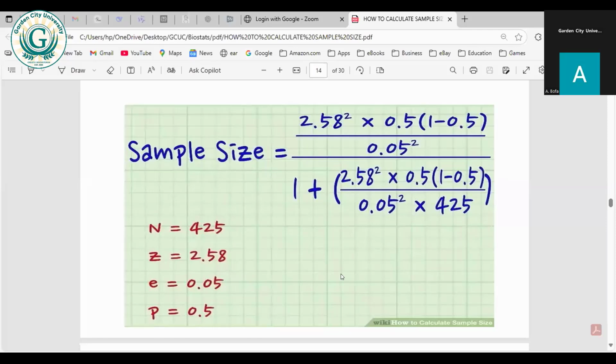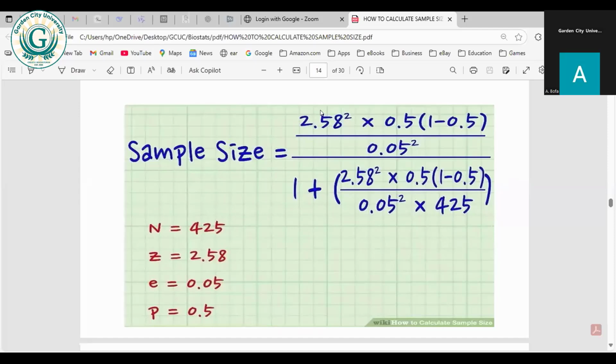Now we just put the values in the formula. This is where you may find yourself struggling. I would advise you not to try to feed everything to the calculator. Do it one step after the other.